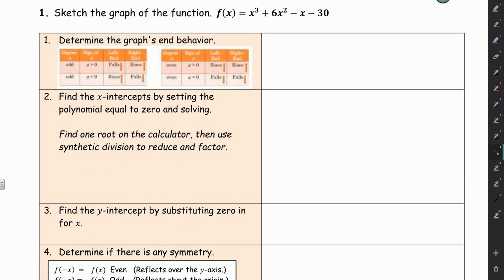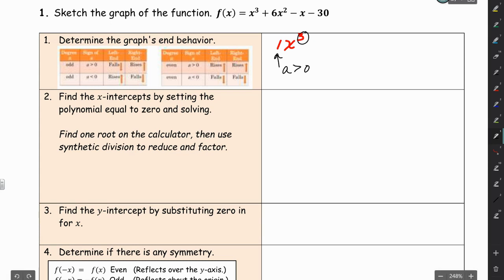All right, so we have our first example here. And all we really need to know about this graph is that the value of the first term is x cubed. So let's write that down. We've got our 1x cubed. And since we have 1x cubed, we know that that value of 1, a, is greater than 0.